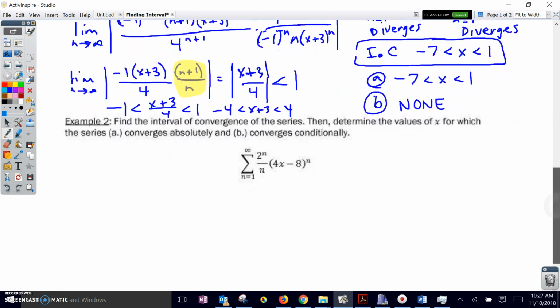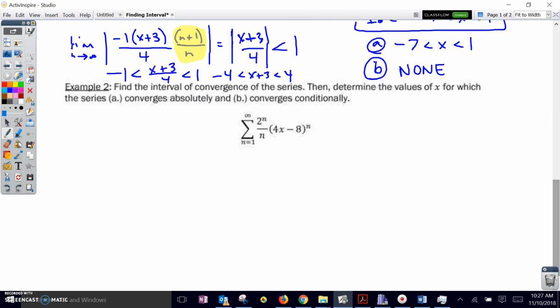Example 2, find the interval of convergence of the series, then determine the values of x for which the series converges absolutely and converges conditionally. I'm going to start by using my ratio test to determine the base interval of convergence. So I've got a sub n plus 1, pardon me, times the reciprocal of a sub n.